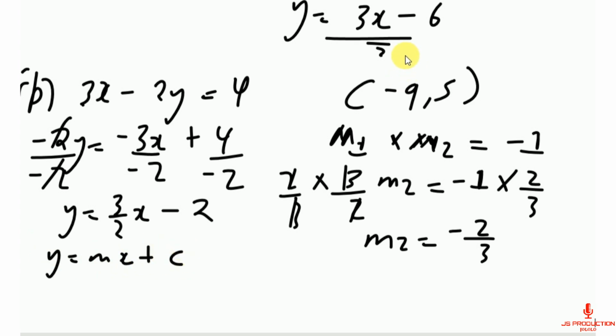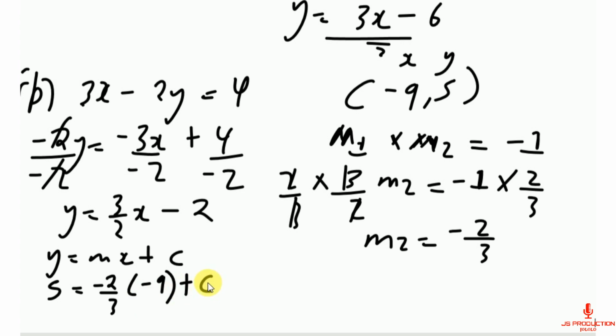So our y is 5, is equal to our gradient, which is -2 over 3, and our x, we know that's -9, plus c.